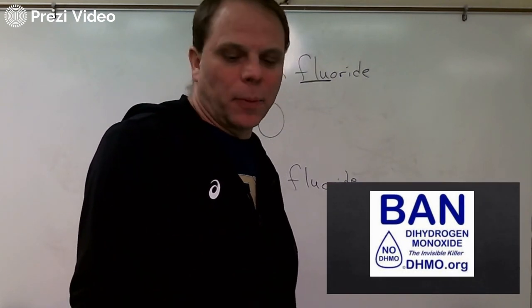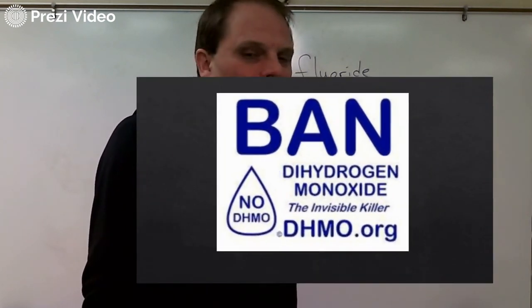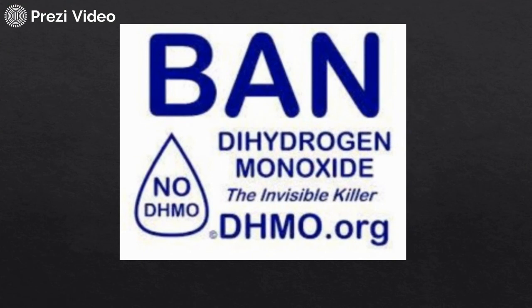Now, why is this important? Well, this is kind of a fun one. You guys have probably heard or seen something like this at some point. There's some articles that we sometimes show to you guys in class that are called ban dihydrogen monoxide. We have you read this whole thing, and we have students ask, okay, would you ban this as well? And most students are like, yeah, I'd totally ban this. This is dangerous, because we talk about all the stats of how many people it kills and how dangerous it is and how it destroys all sorts of property.